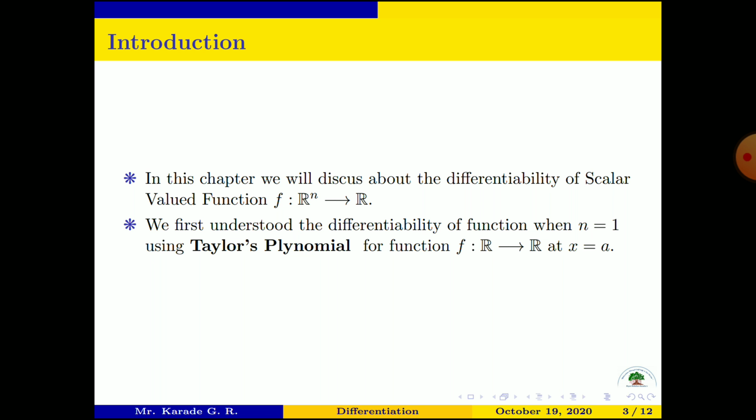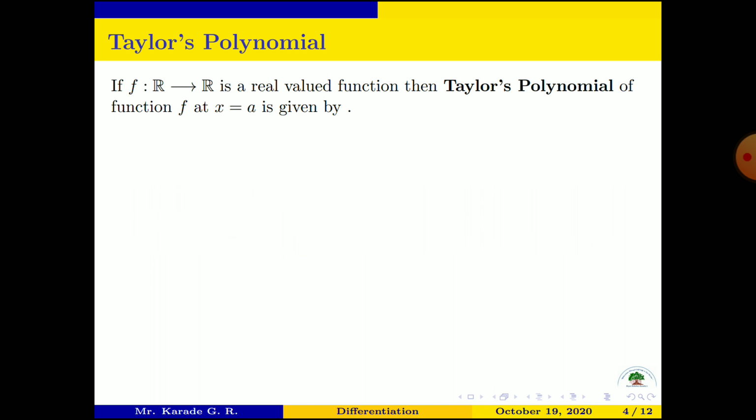So here f from R to R means it is a function from the set of real numbers to the set of real numbers. And we will see how to derive a formula for differentiation for a real valued function from the set of real numbers to the set of real numbers, by using Taylor's polynomial.